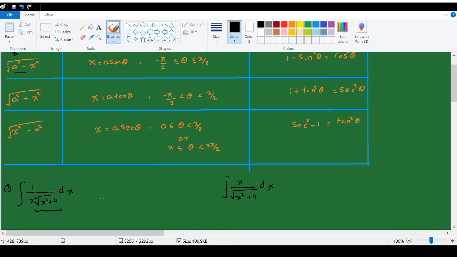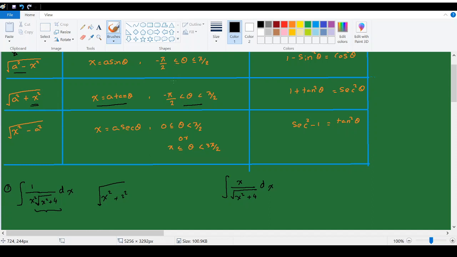In other words, it's like x squared plus 2 squared, right? So that falls under the second category. So the substitution will change, the angle is changed.